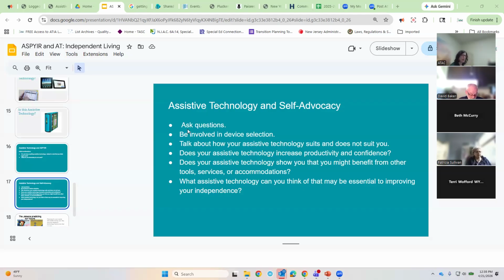Anything else that we think may be essential to improving independence? With the understanding that for a voice activated device, for example, not everyone with a disability is going to be able to use the device as well as others may be able to, depending on their ability status, right? But knowing that the basic idea of a voice activated device and a voice activated assistant can help you do so many different things.